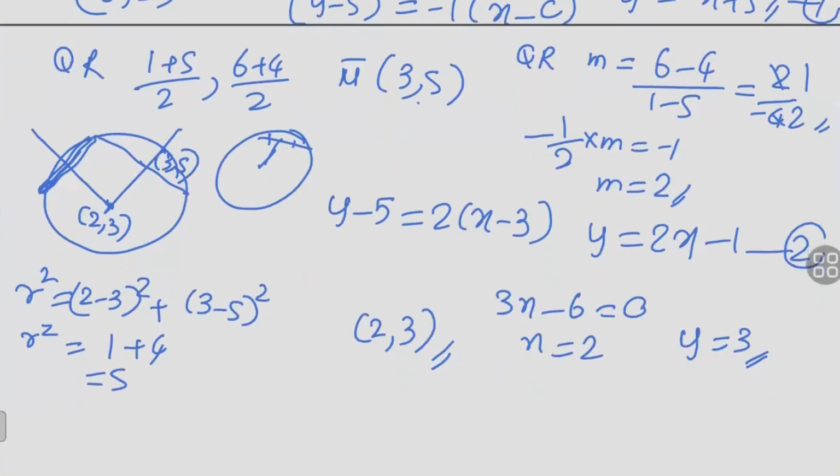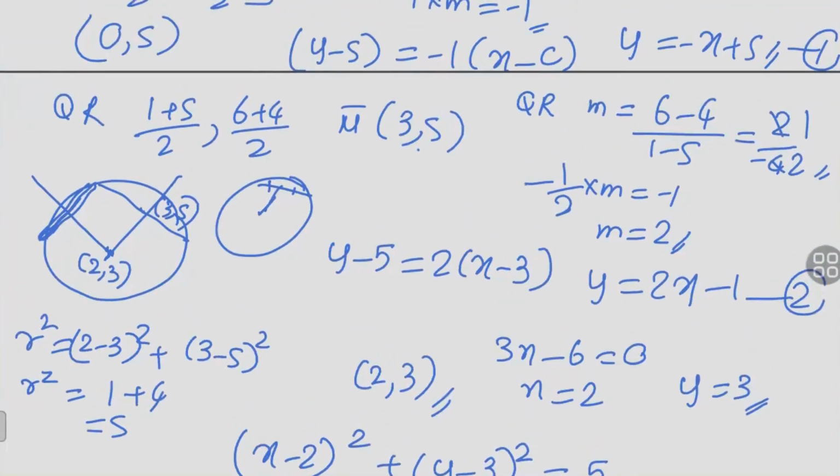So then you can write the equation: (x minus 2) squared plus (y minus 3) squared equals 5. Here (2, 3) is the center and this is (3, 5): 2 minus 3, 3 minus 5, minus 1 and minus 2, giving 1 plus 4, which is 5.